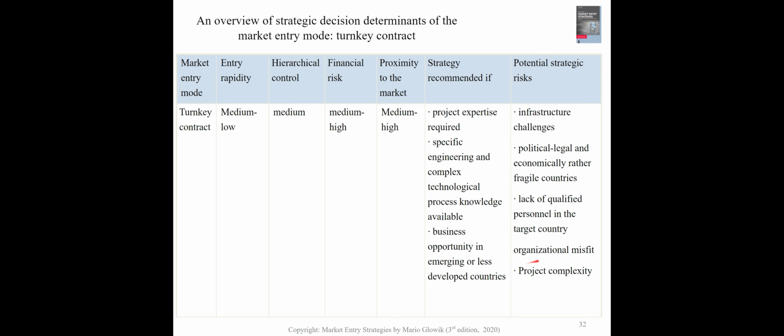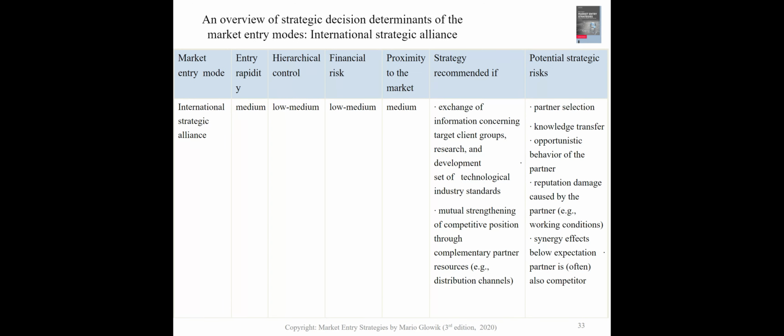The turnkey projects tend to be complex, and that's why we may find an organizational misfit between how we organize such turnkey operations and how our contract partner organizes such kind of activities.